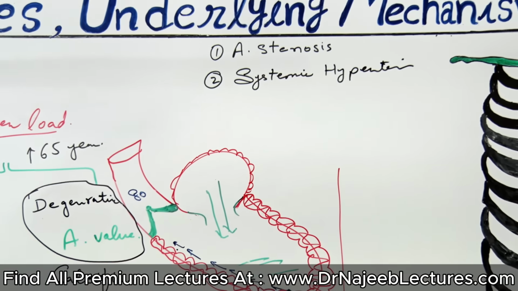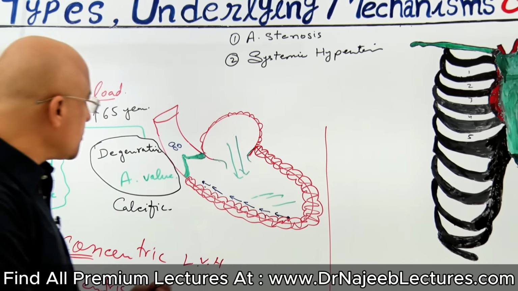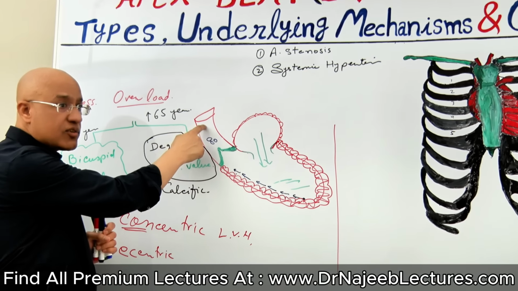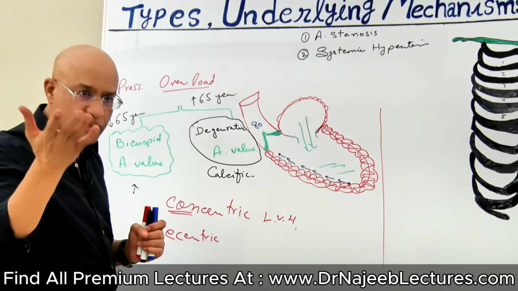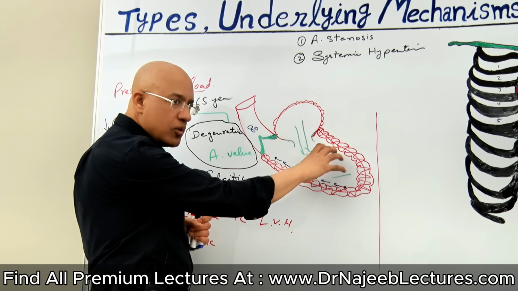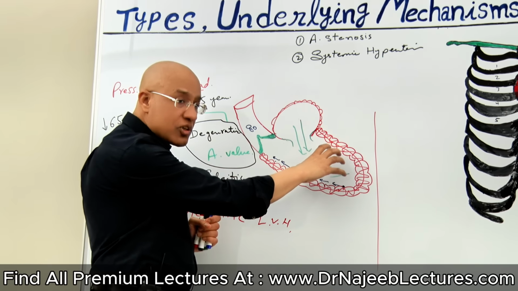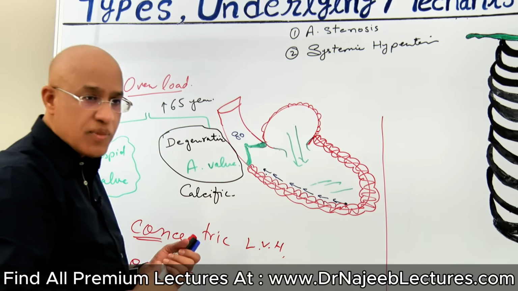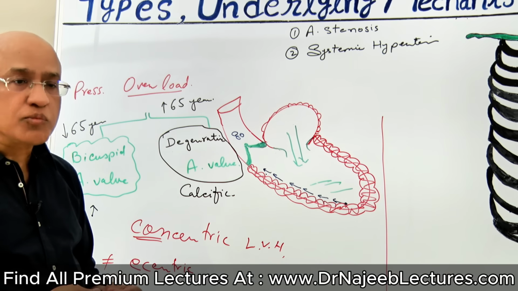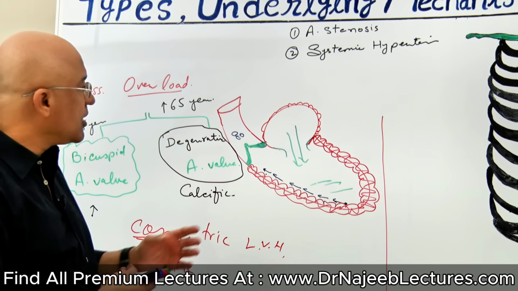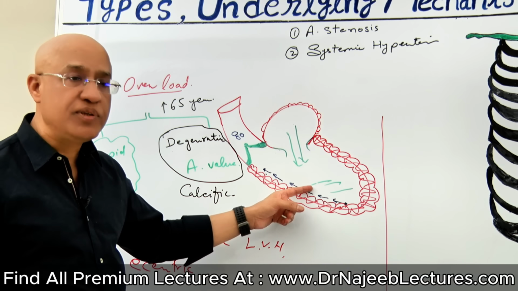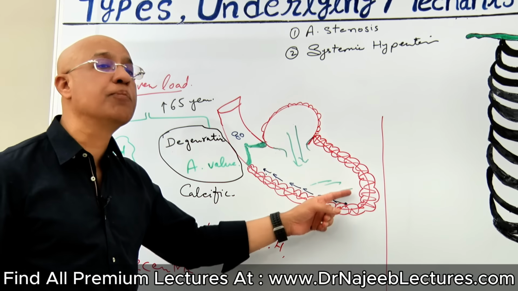If someone has systemic hypertension, it means that total peripheral resistance in the systemic arteries is high and the left ventricle has to contract more strongly. In a patient with systemic hypertension, where blood pressure is more than normal, the left ventricle has to contract more strongly during every systole, and eventually it becomes hypertrophied.